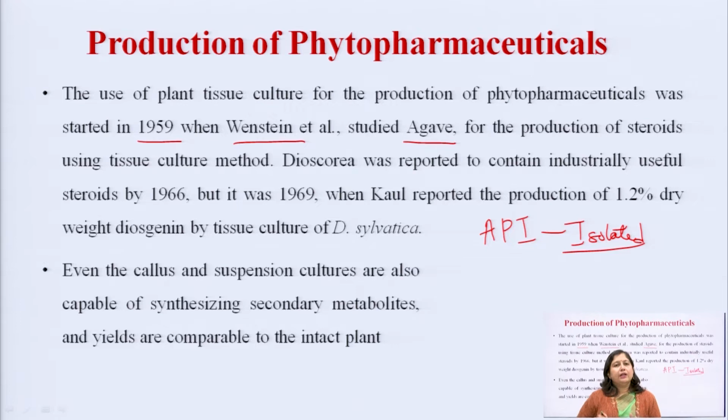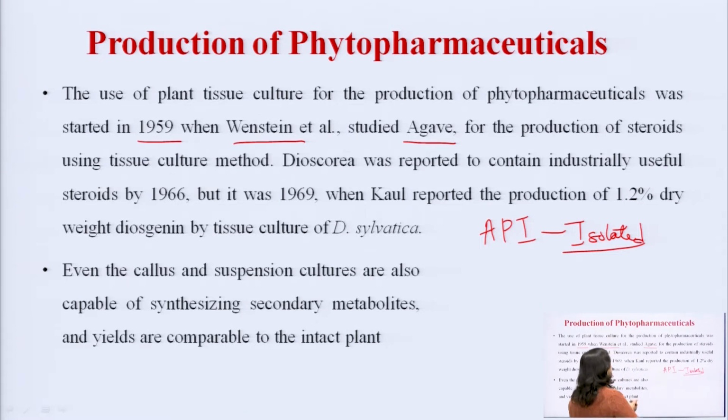So it is better if we have a natural source where the plant synthesizes this steroidal ring. It has been researched since ages which plants can give us the steroidal ring easily, and agave is one of them which Weinstein and group studied, and they could successfully see that it started synthesizing steroid at a larger scale.